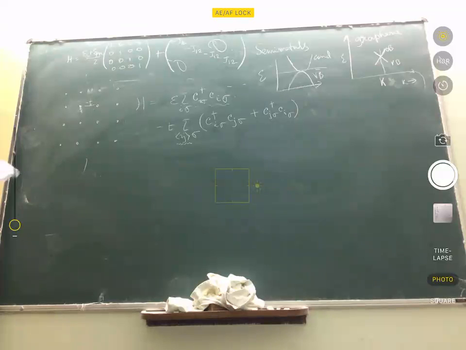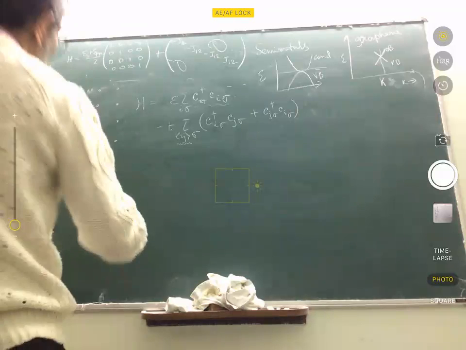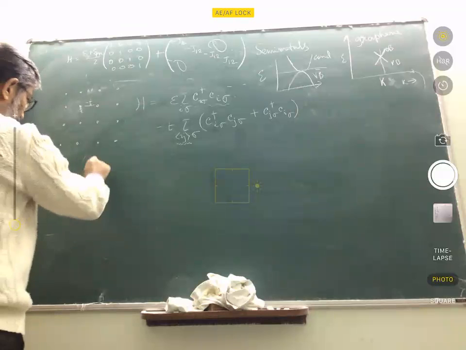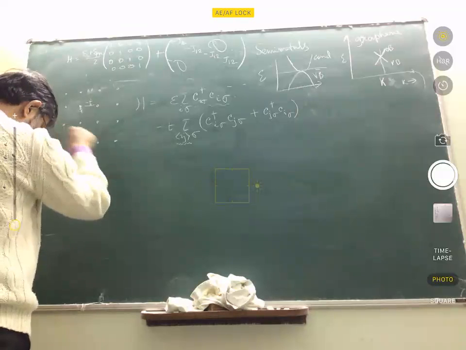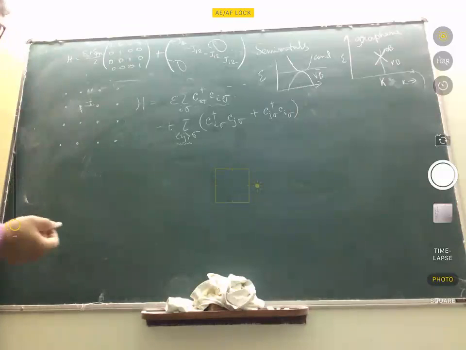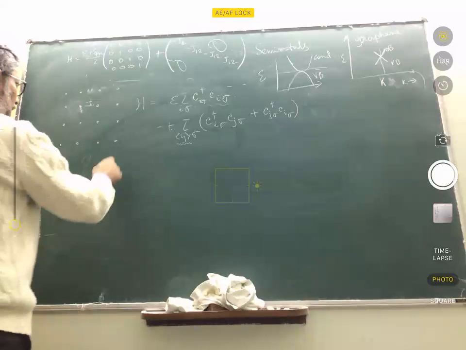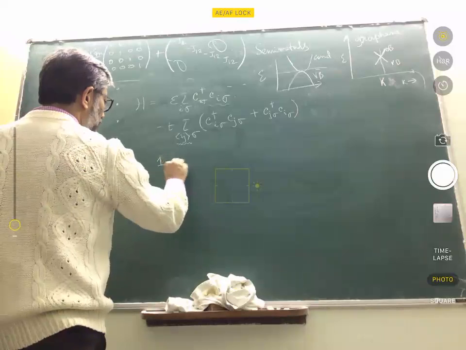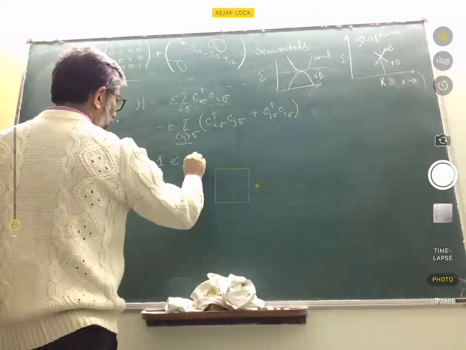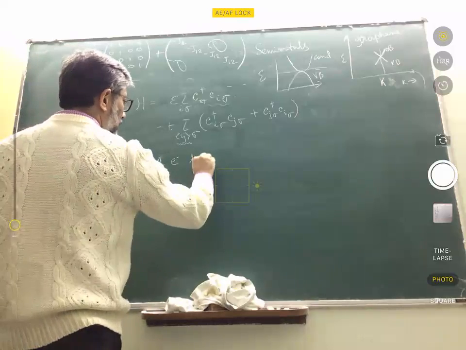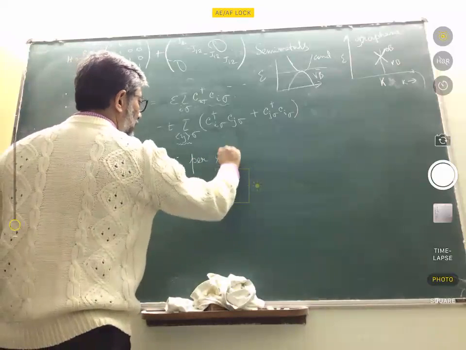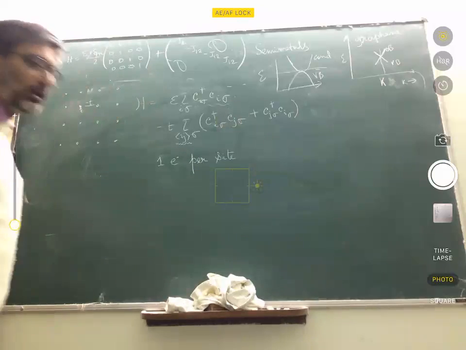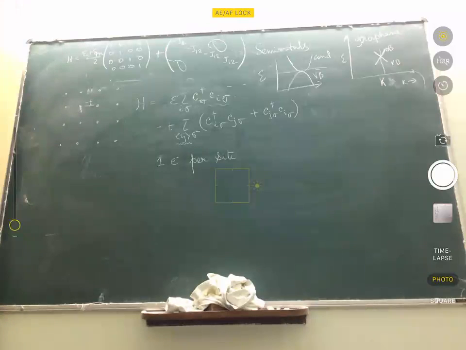Now, with this model, in fact, we have looked at this question, at least in 1D, where I have one electron per site. So we got a metallic system.